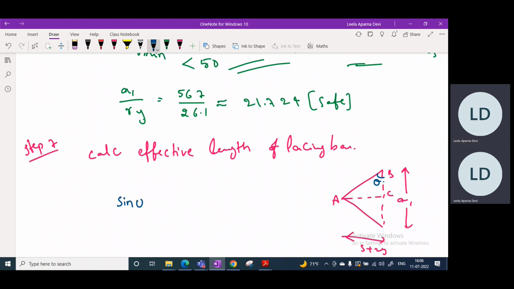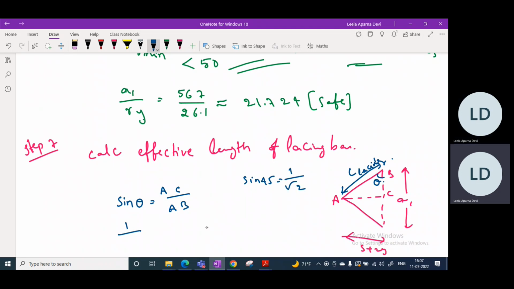So now if you take sine theta, we need to calculate the distance of AB. This is the length of the laced column lacing. So sine theta equals AC by AB, and sine 45 is, as we already know, 1 by root 2. AC is S plus 2G, and AB should be our length L1.